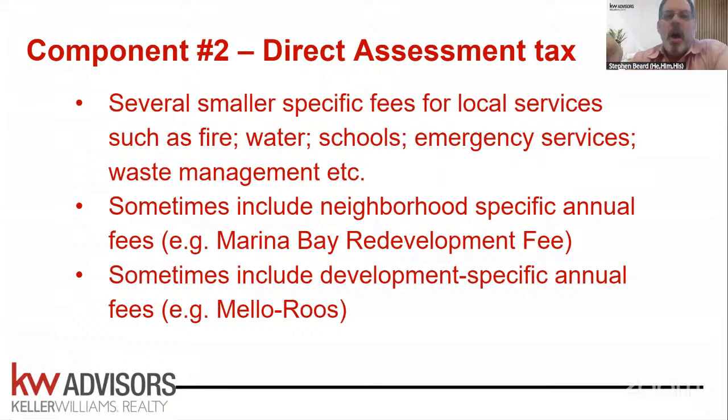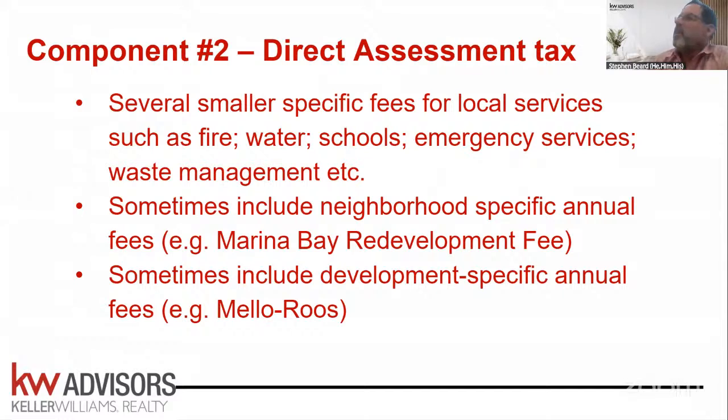Okay. Like in Marina Bay in Richmond, they have a redevelopment fee that applies to half of the condos there. And that is very neighborhood specific and increases their property taxes there. And there are neighborhoods like that all over the Bay Area.